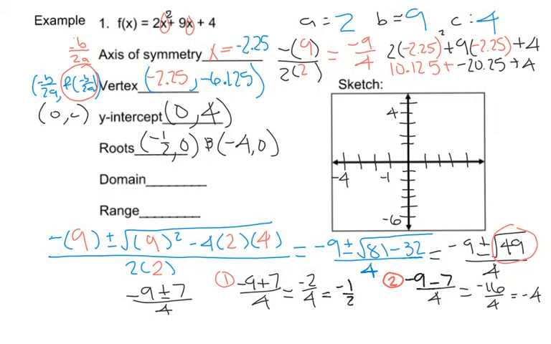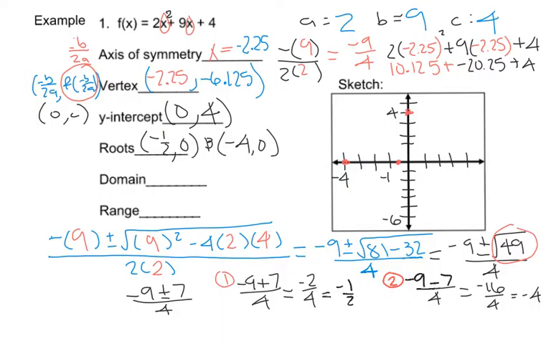All right, so for our sketch here, I went ahead and labeled a few things, and I have key information here that's going to help me sketch this. So I have a y-intercept at 0, 4. I have roots, or aka x-intercepts, at negative 1/2 and negative 4.